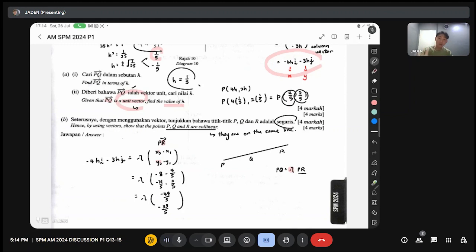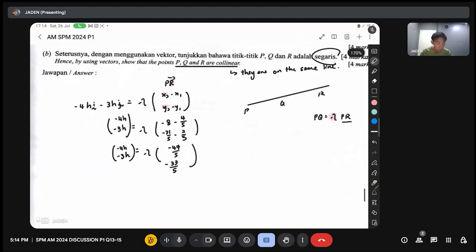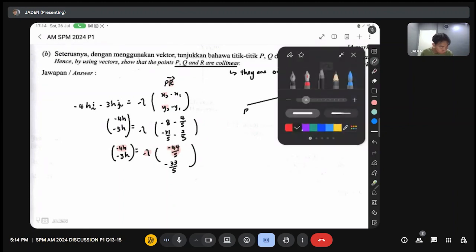Then on the left-hand side, you can also make it into a column vector: negative 4h, negative 3h. That will look better in the overall calculation. Now we're going to continue from here. How do we actually get our lambda? I want you to take this equal to lambda times everything at the top here.